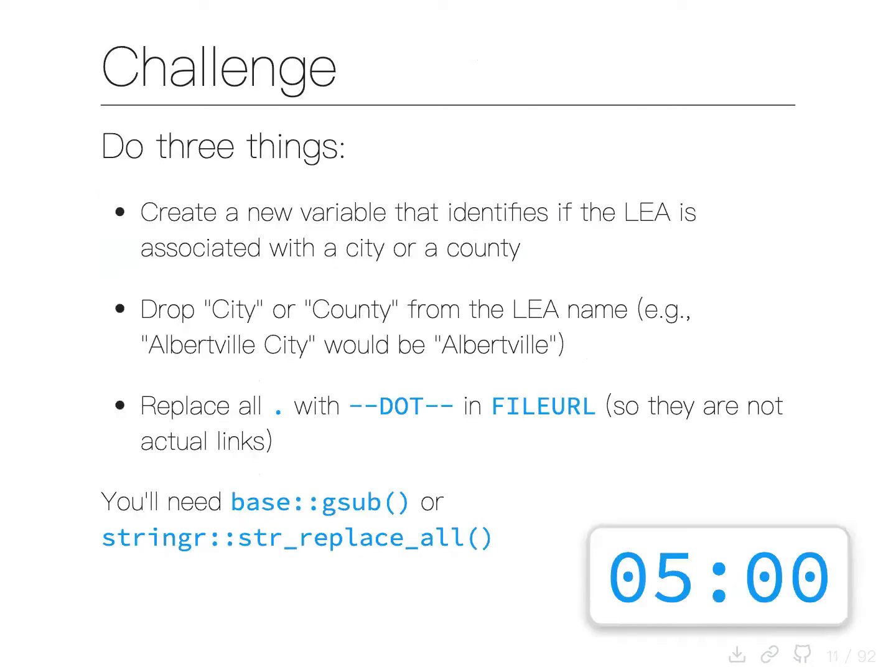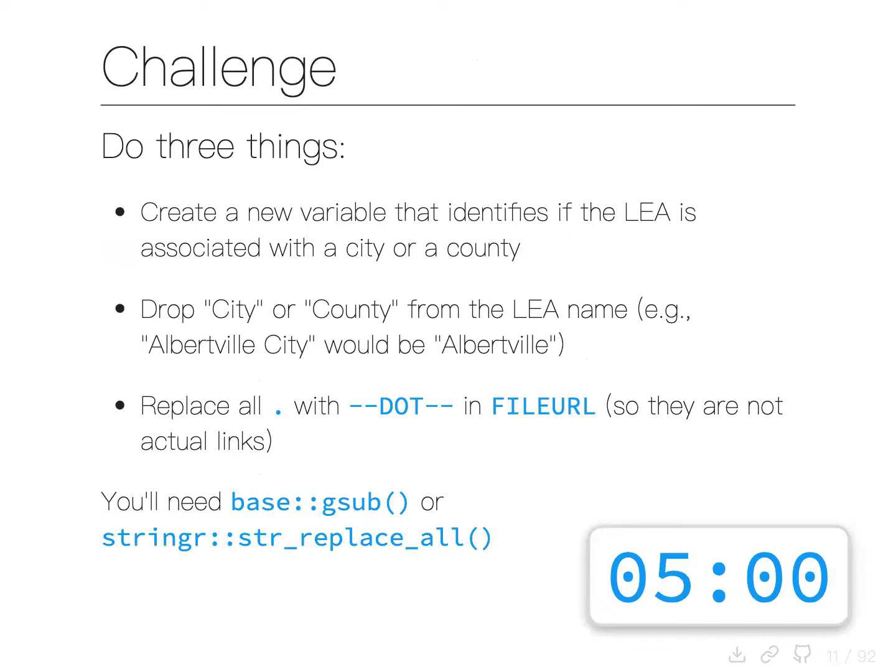So now here's my little challenge for you, okay? For the next 5 minutes, I'd like you to just work where you're at. You can work with the person who's at your table if you want. But basically, I'd like you to try to do 3 things with this data set, okay?